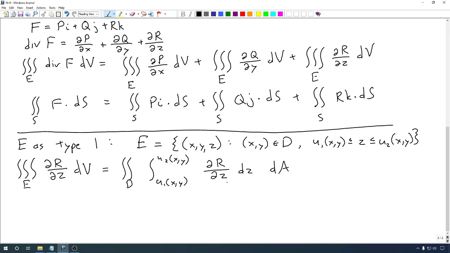So this is just going to turn into R evaluated from u1 of x, y to u2 of x, y. So we'll just write it that way. So R of x, y, z is going to be R of x, y, u2 of x, y, then minus R of x, y, u1 of x, y.